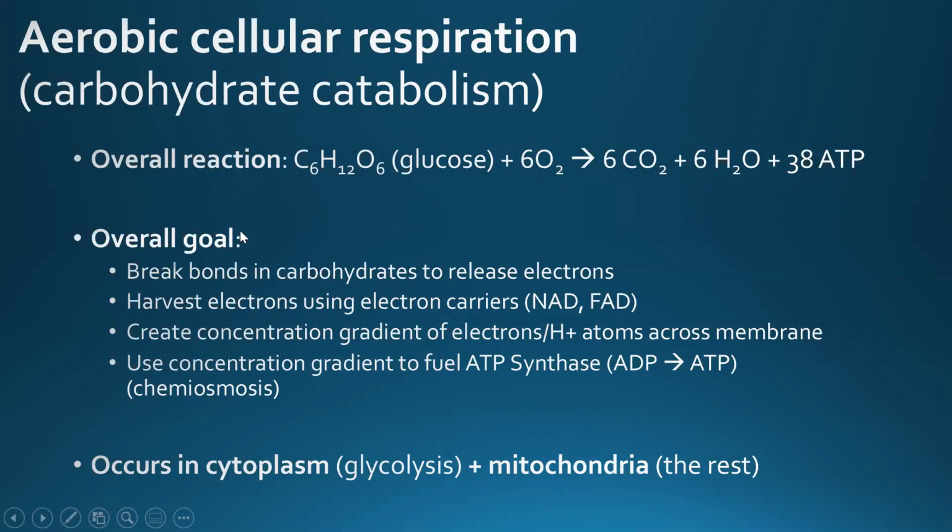Okay, the overall goal of aerobic cellular respiration: 1, you're going to break the bonds in the carbohydrates to release the electrons. 2, you're going to use the electron carriers to harvest the electrons so that you can carry the electron to the electron transport chain. 3, you're going to want to create a concentration gradient of electrons and hydrogen atoms that are going to want to cross the membrane.